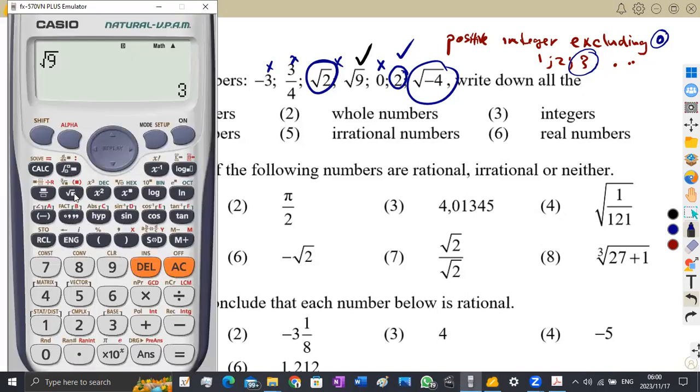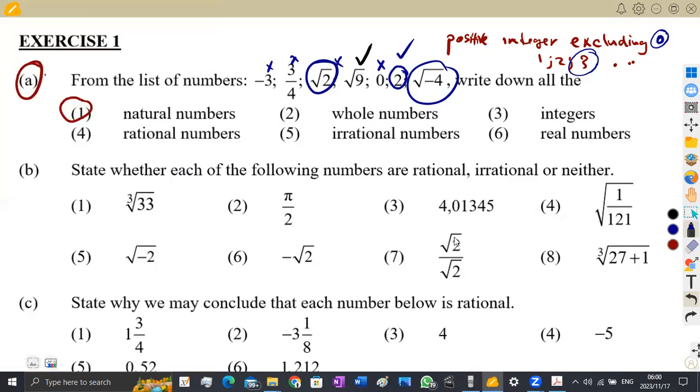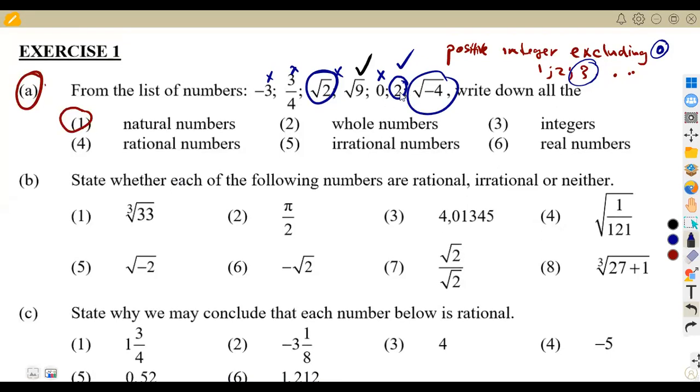You cannot obtain the square root of a negative. Remember your introduction, this cannot be simplified. So meaning to say this cannot even be referred to among our numbers. So we saw that on the natural numbers, we are going to remain with the square root of 9 and 2.